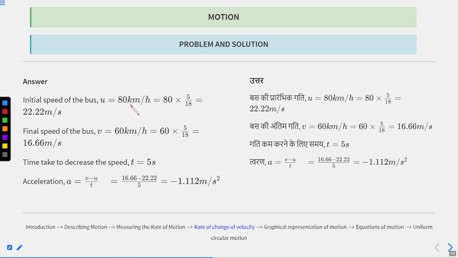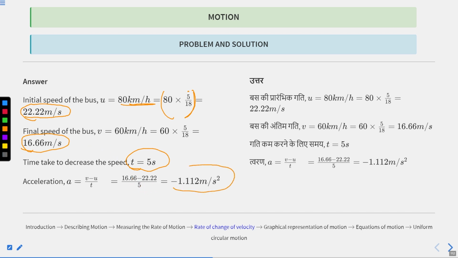So initial speed was 80 kilometer per hour. We have converted 80 kilometer per hour into meter per second by multiplying by 5 by 18. The final answer is 22.22 meter per second. Similarly, final speed will become 16.66 meter per second. Time taken is 5 seconds. Then acceleration will be 16.66 minus 22.22 divided by 5.